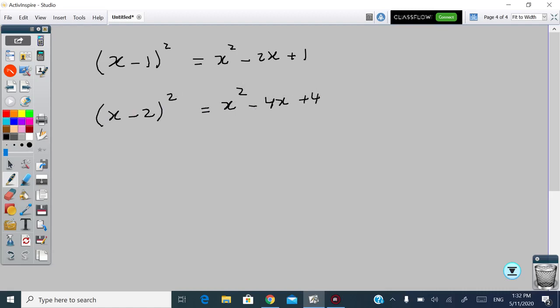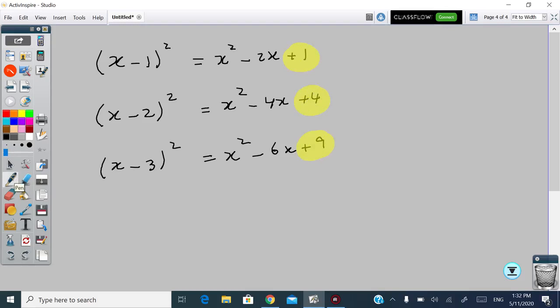If you multiply them out, and you should do this in your head by now, this is what you get. The remark is that if it's a perfect square, the constant is always a positive.